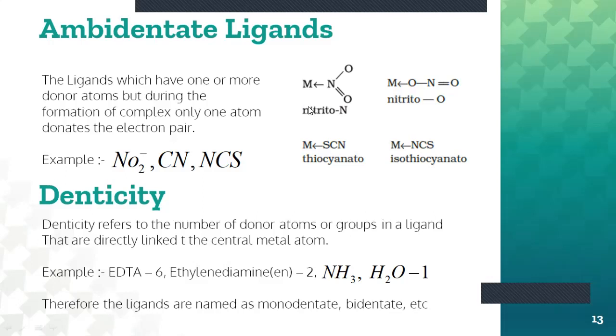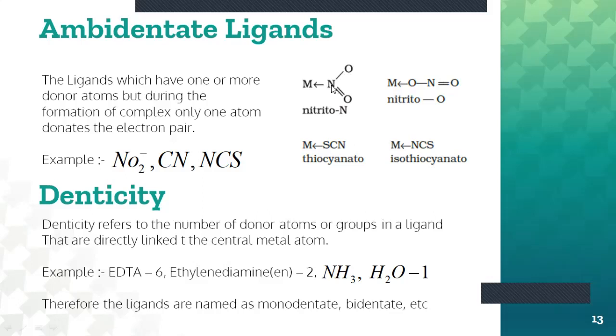See the first example, nitrito-N. Actually, the compound is NO2. In this compound, the oxygen atom is also having a lone pair of electrons, and the nitrogen atom is also having a lone pair of electrons. Both atoms are capable of donating the electrons, but as we have learned, only one of the two atoms can donate its electron pair.